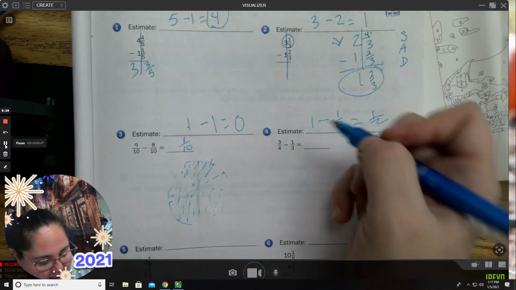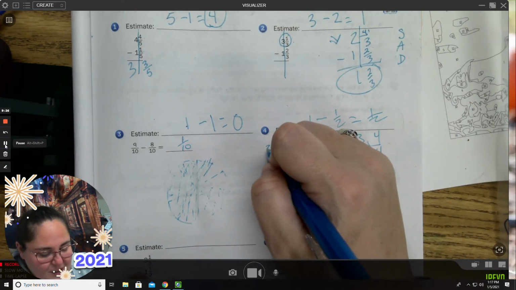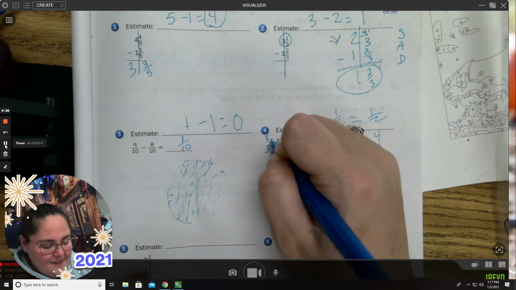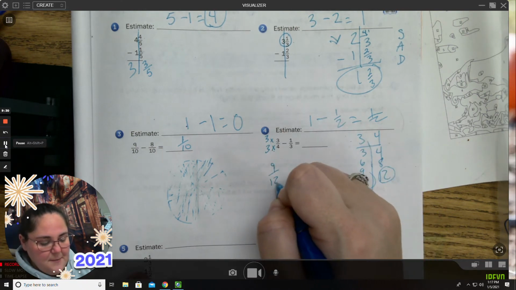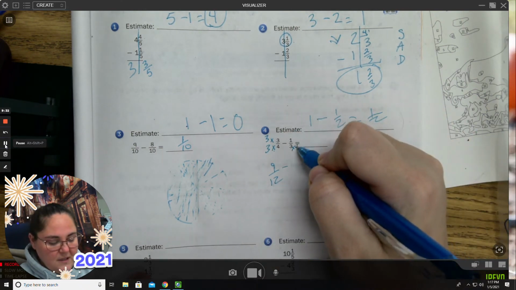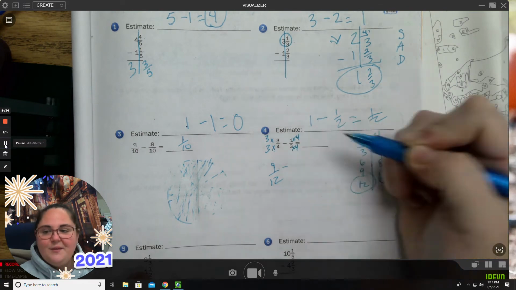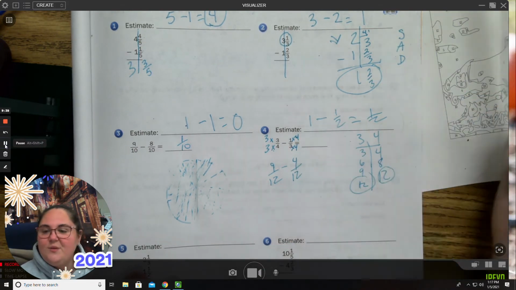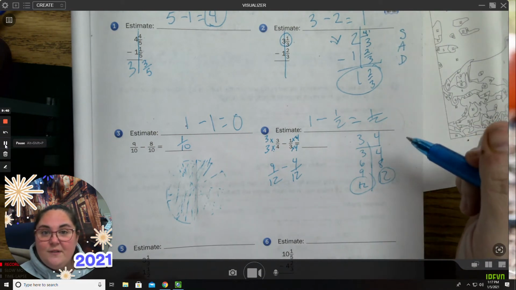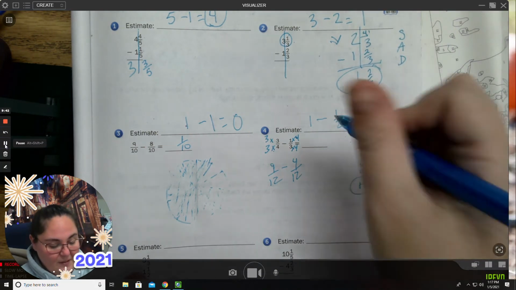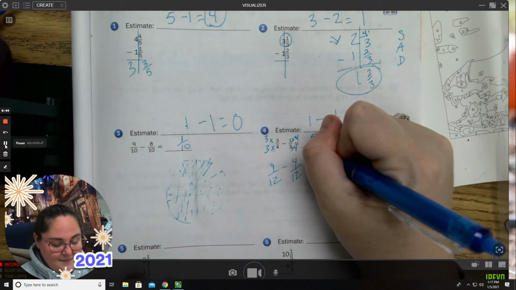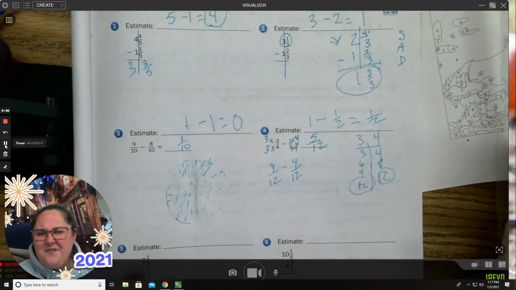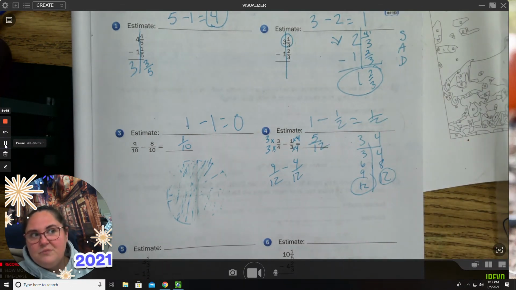All right. Whatever I do to the bottom, I do to the top. So 3/4 becomes 9/12, times 3. Whatever I do to the bottom, I do to the top. 1/3 becomes 4/12. So 9/12 minus 4/12 equals 5/12. Done. Is 5/12 close to half? Well, yeah. Half of 12 is 6, so it's really close.